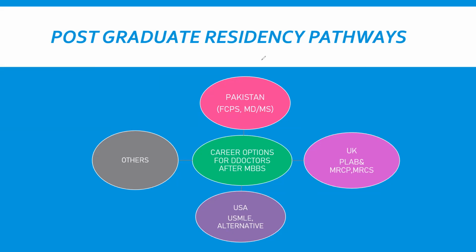If you go to Denmark, you have to learn the Danish language. If you're going to Germany, you are supposed to learn the German language, and other countries similarly. So these are the available options as a postgraduate residency program for a doctor after completing MBBS.